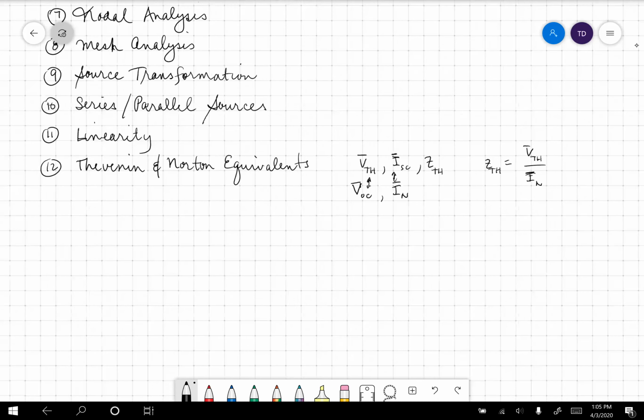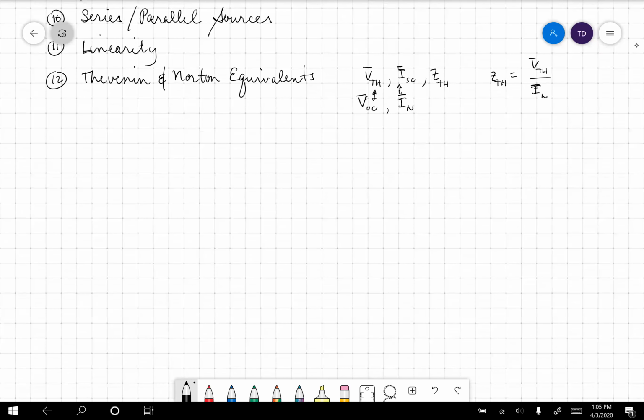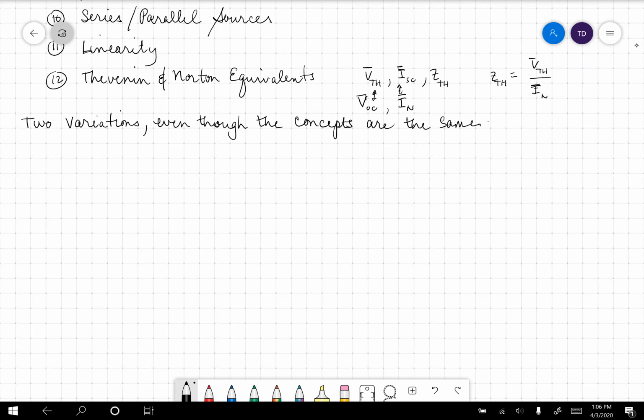Now here's something else that still holds true, but there's a variation. There are two variations, even though the concepts are the same. Number one, superposition.